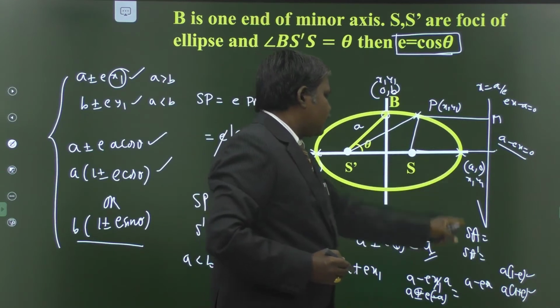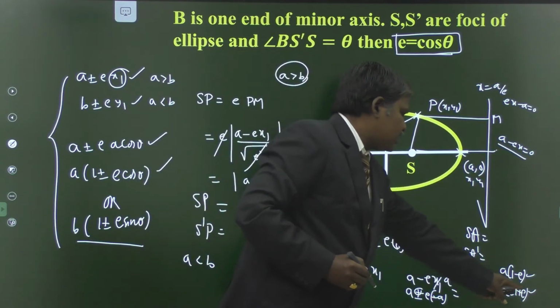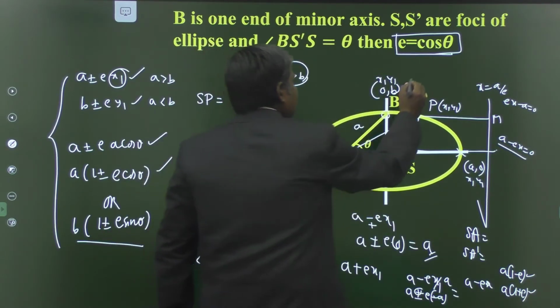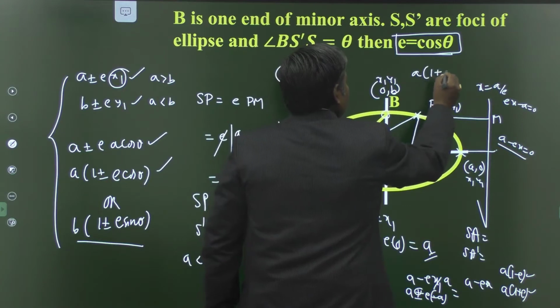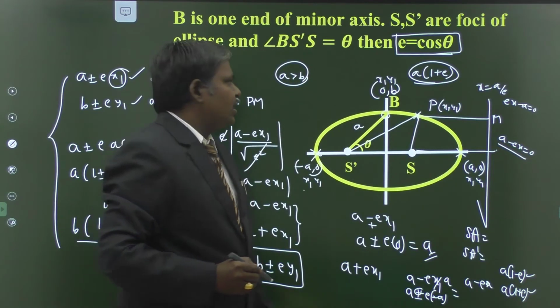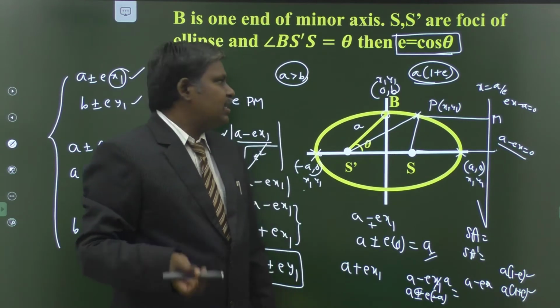So the shortest focal distance is what? a into 1 minus e. The farthest focal distance is what? a into 1 plus e. a into 1 plus e is the maximum focal distance of a point on the ellipse. a into 1 minus e is the shortest focal distance of a point on the ellipse.